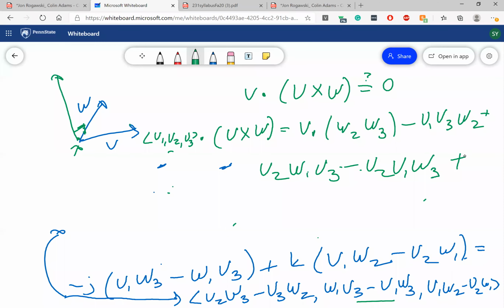Now plus, and then we're going to have v3 times this component. So that's going to be v3 times v1 times w2 minus v3 times v2 times w1.